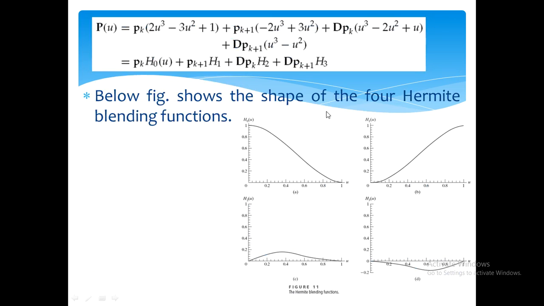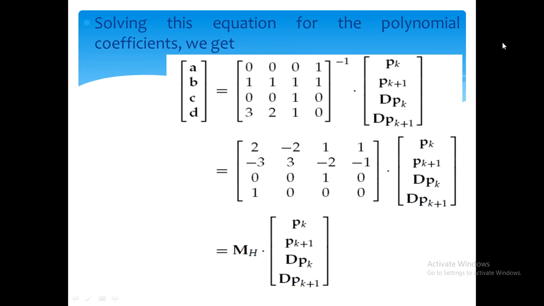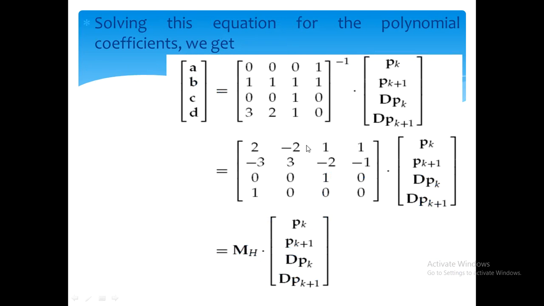Here, if I multiply that P(u), the first point is P_k, then 2u cube, with this matrix, then this is u, right? This is what MH is, this matrix.